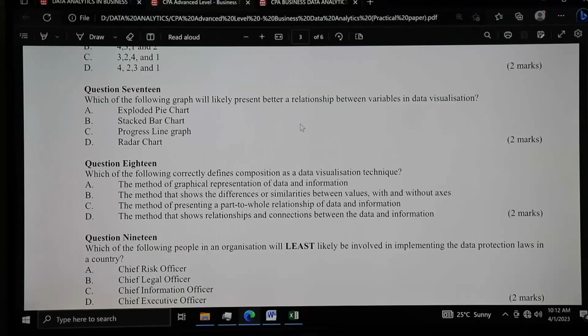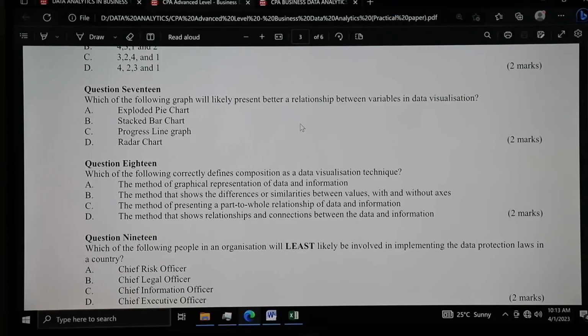Then you have question 19, where you are told the following people in an organization will least likely be involved in implementing data protection laws in a country. Remember that data protection law is protection against the data and data users.